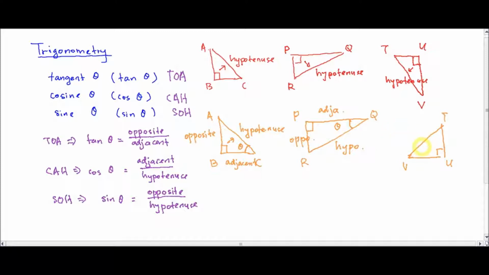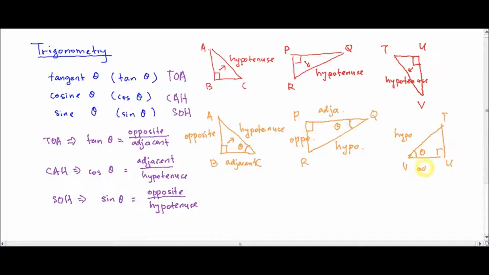Here will be the hypotenuse, no problem. The hypotenuse is the easiest one to determine because it's always opposite the right angle and always the longest side of a right angle triangle. If theta is here, the adjacent side is the side that is nearer to the angle, to theta.